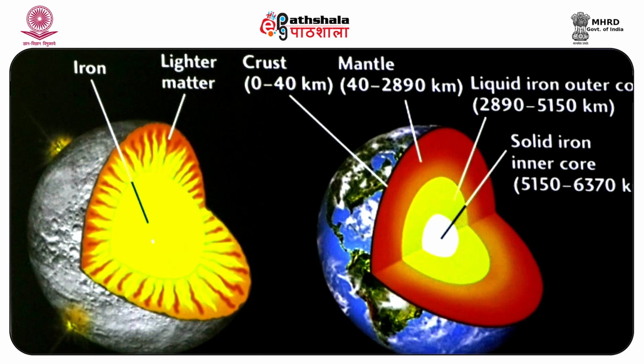So, what we know is that this core portion is the area which is the hottest and which has more of iron and nickel, and then we have the mantle which is convecting. As I told you, heat can be transferred through convection or through conduction. The upper portion, which is known as the crust, is also sometimes called the lithosphere.